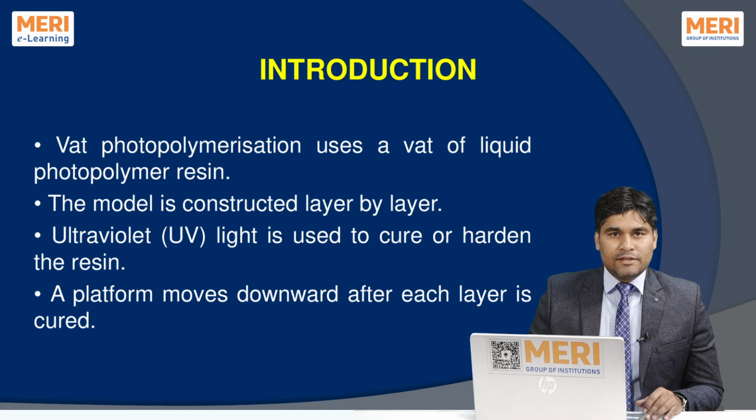Due to these advantages, it is commonly used in applications such as product prototyping, dental models, medical devices, and precision components. This technique includes popular processes such as stereolithography (SLA) and digital light processing (DLP), which are widely used in modern additive manufacturing industries.